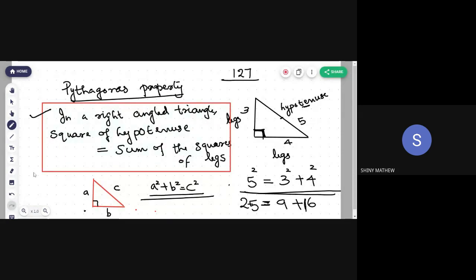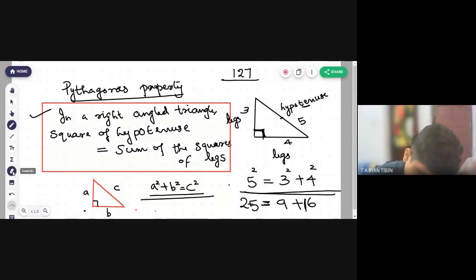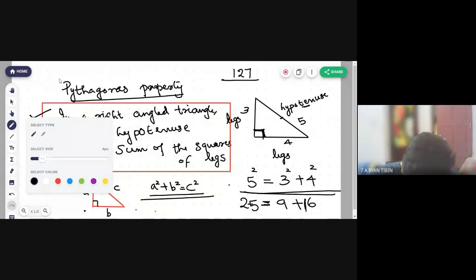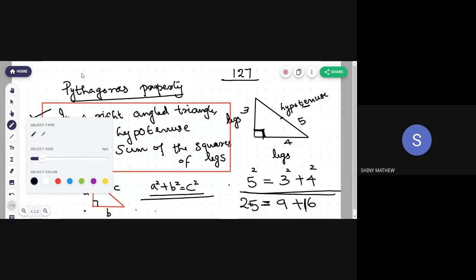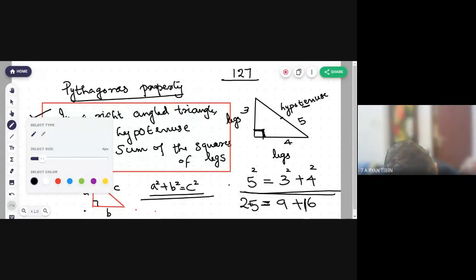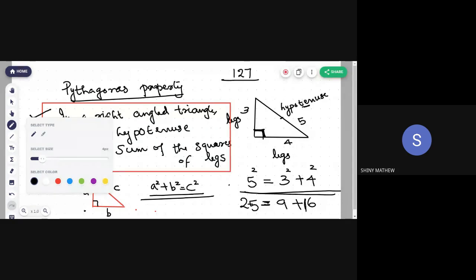Then below you write: check whether the given sides are measurement of a right angle triangle or not.